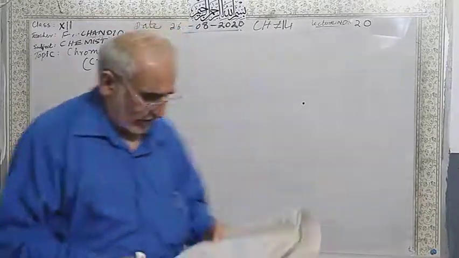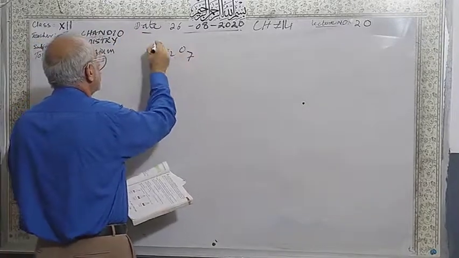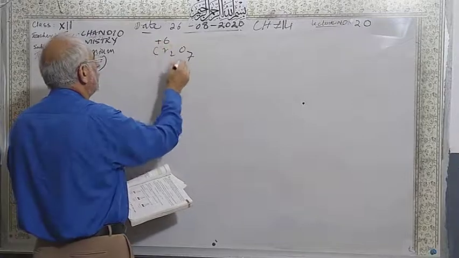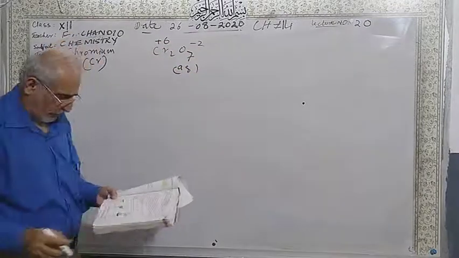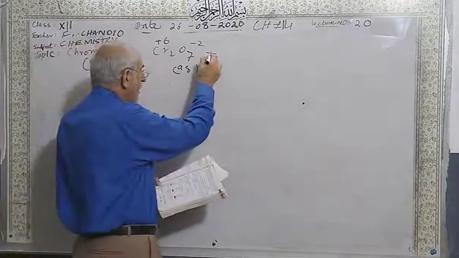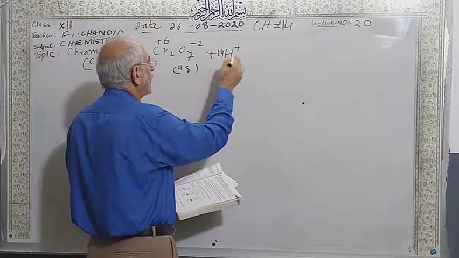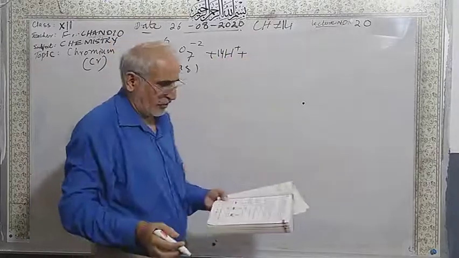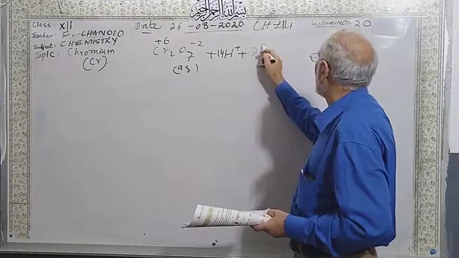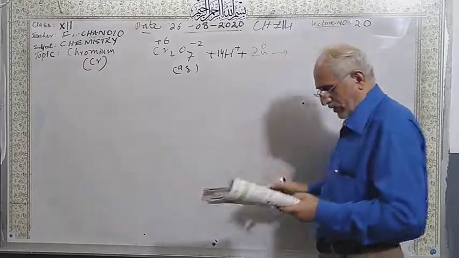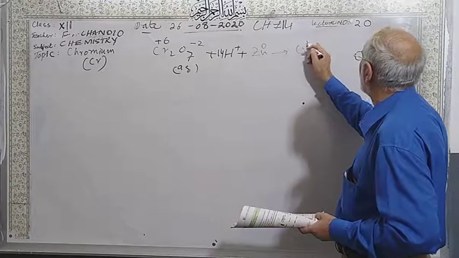These ionic reactions are of dichromate, positive 6 oxidation state on the chromium, and this is the same in the presence of acid, acidified potassium dichromate, sodium dichromate powder maybe, and you have to put a zinc metal which is 0 oxidation number. So this chromium positive 6 changes into chromium positive 3.